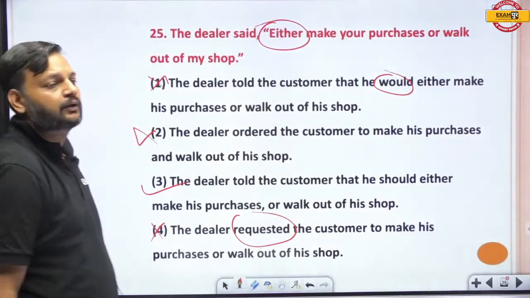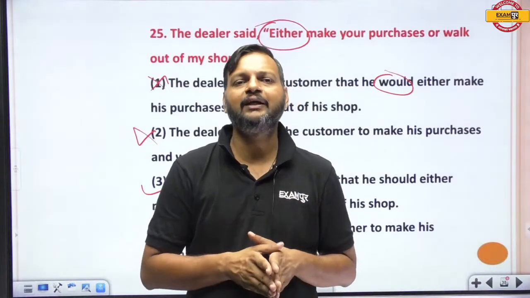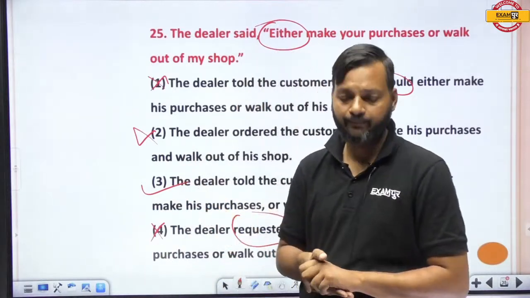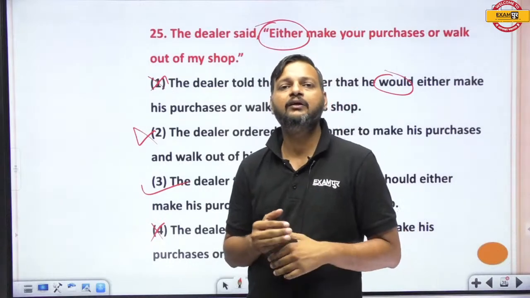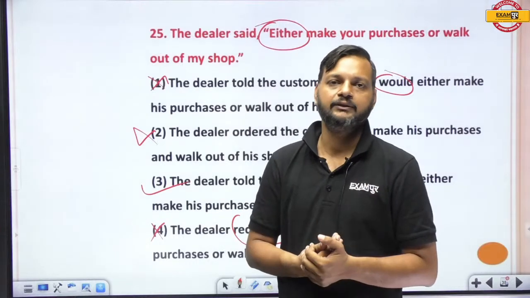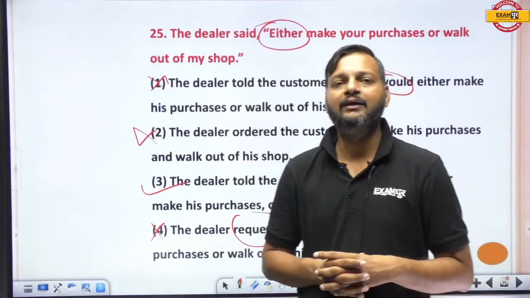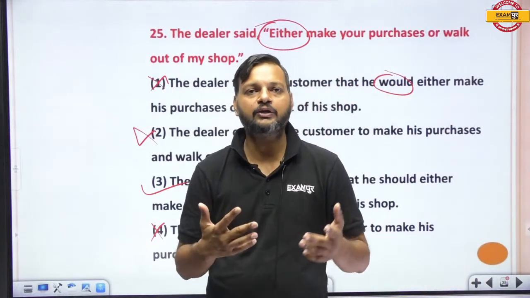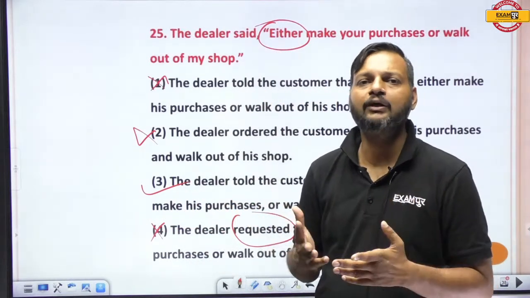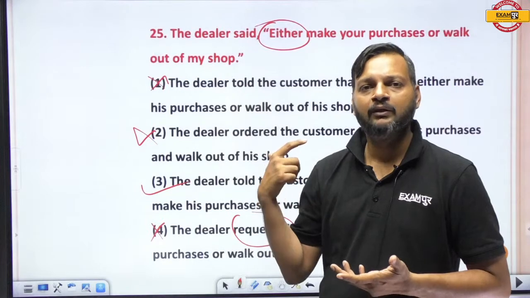So these were some important questions of narration. I told you some basic rules of solving narration, and we have also solved 25 questions of narration today. In the next class we will learn about active and passive, and also we will solve some direct and indirect questions. So this much for today. It was, I guess, a nice session, and I hope that you have learned a lot about narration, and you will be able to solve these questions very quickly if you follow my instructions to pick up the keywords and apply them on the options.